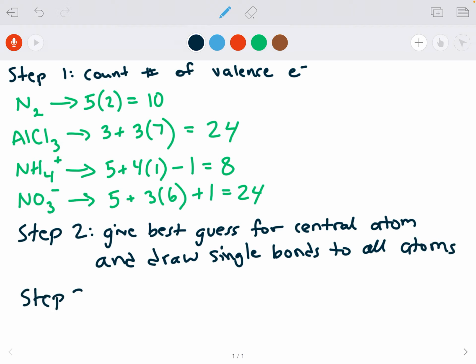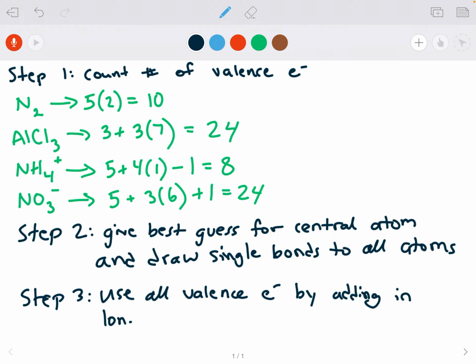So then that leads to step 3 then, being use all valence electrons by adding in lone pairs, or like a double or triple bond. But these second 2 steps, so step 2 and step 3, are best shown with examples.